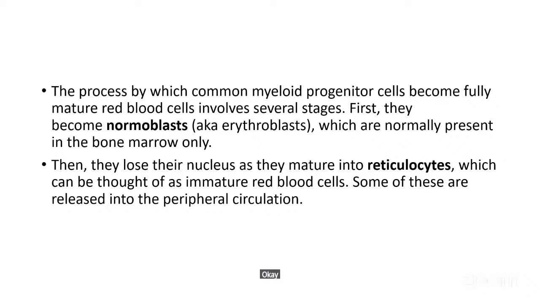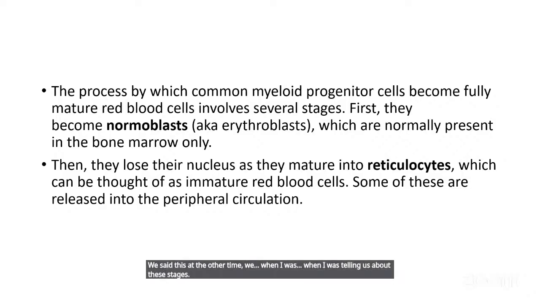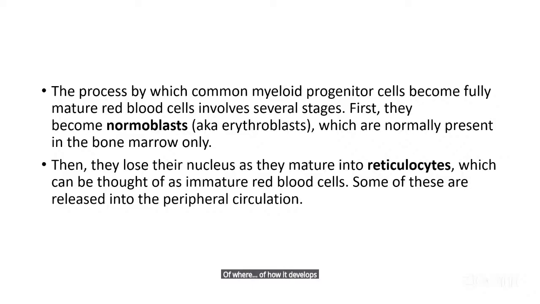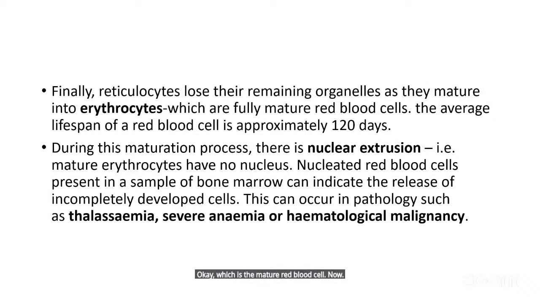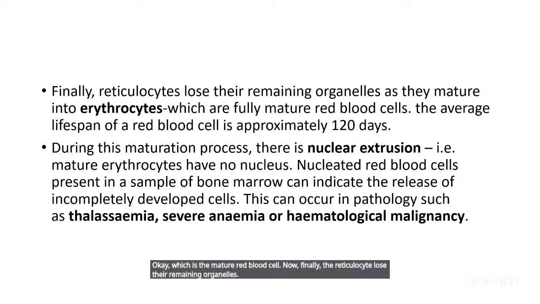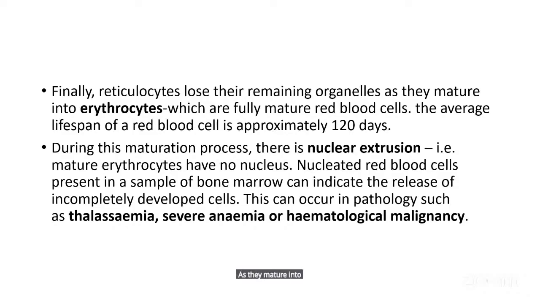Then they lose their nucleus as they mature into reticulocytes, which can be thought of as immature red blood cells. Some of these are released into the peripheral circulation. Finally, the reticulocytes lose their remaining organelles as they mature into erythrocytes, which are fully mature red blood cells.